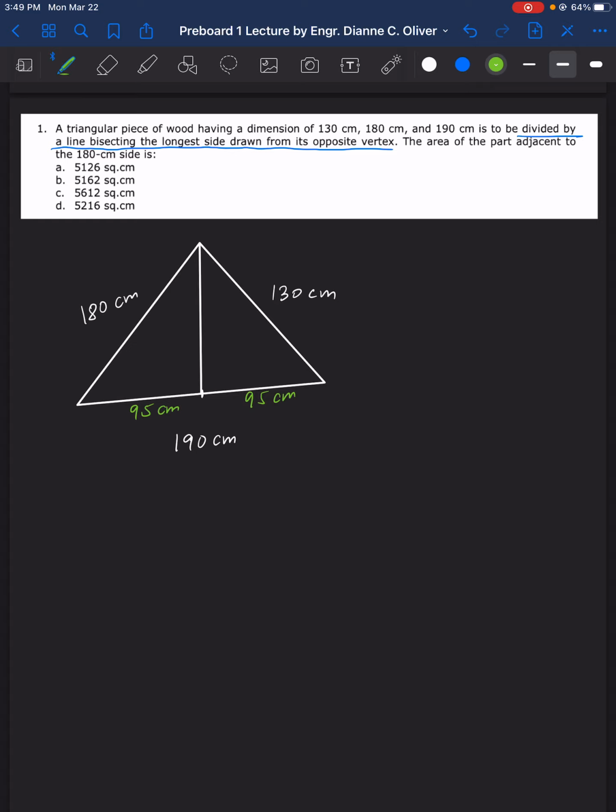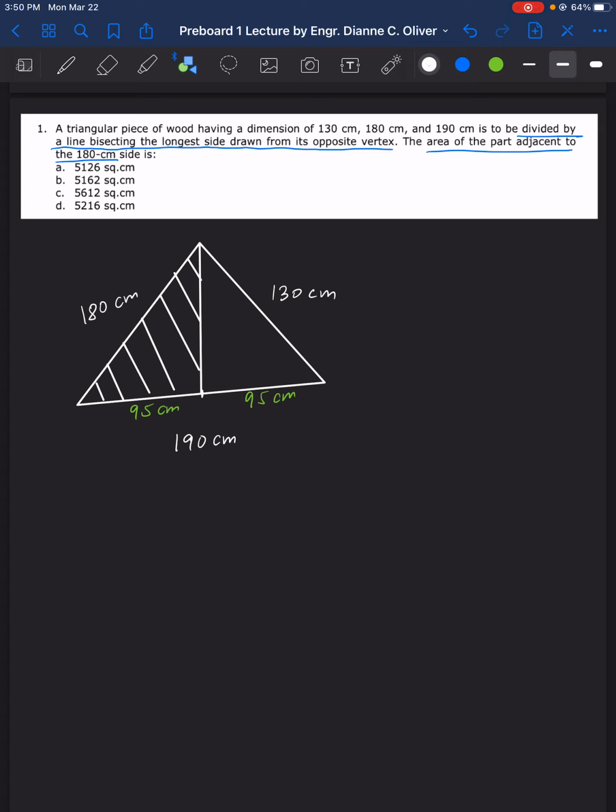Now, what is being asked is the area of the part adjacent to the 180 centimeter side. Adjacent to the 180 centimeter side is this one. So this portion here is what we will look for the area.